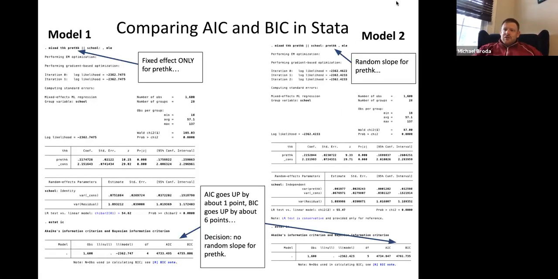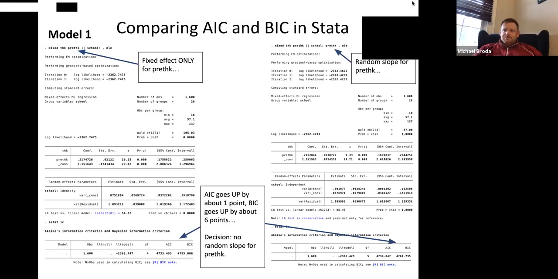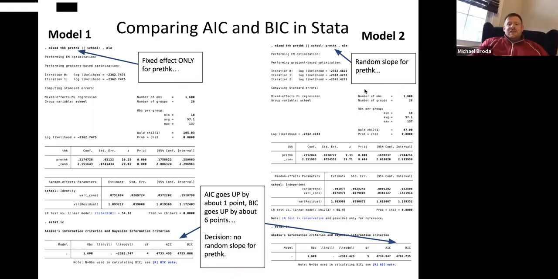Okay, so I'm just going to walk through with you a little bit how to do these kinds of comparisons, and we'll look first at Stata and then we'll look at R. So first we're looking at comparing AIC and BIC in Stata. Here we have two models.